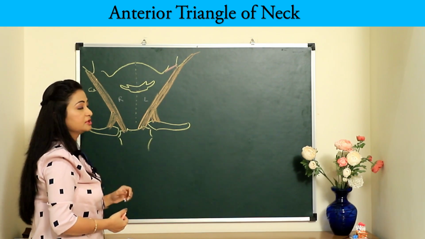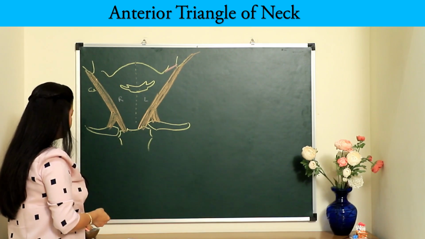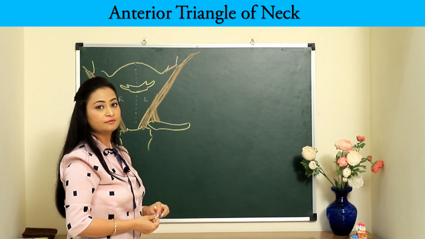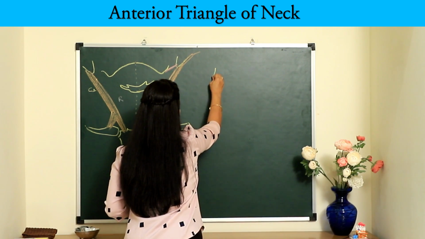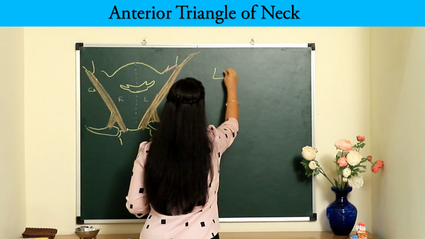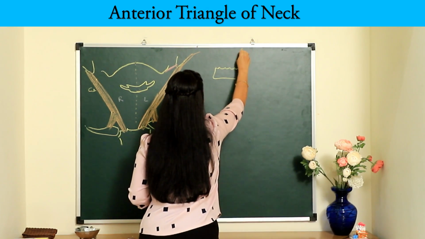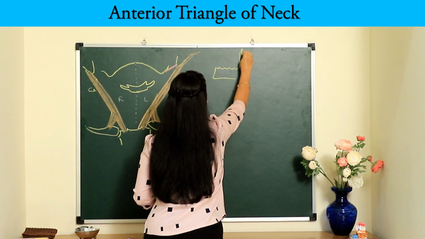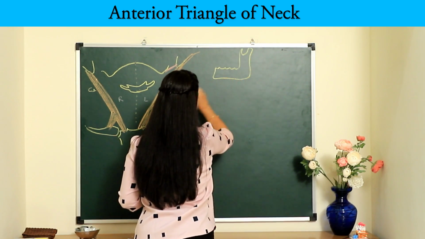Now we move on to the subdivisions of this triangle, for which we will need to look at the lateral view of the neck, right? So this is the mandible from the side. This we know is the ramus of the mandible, right?